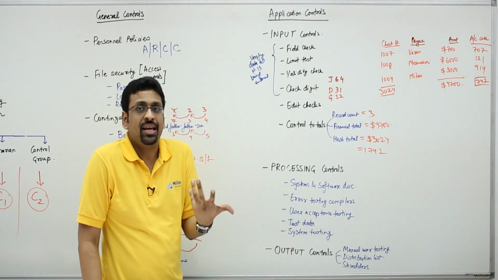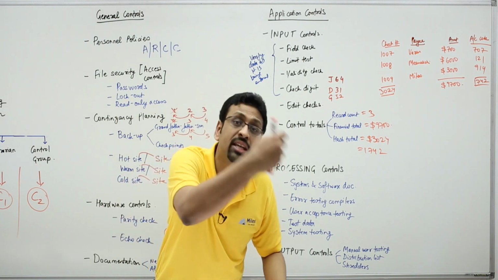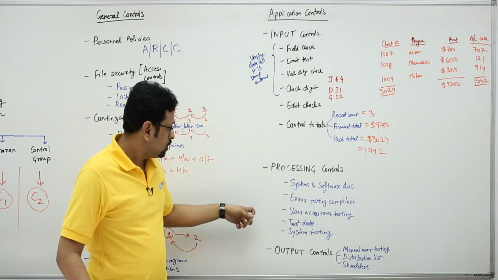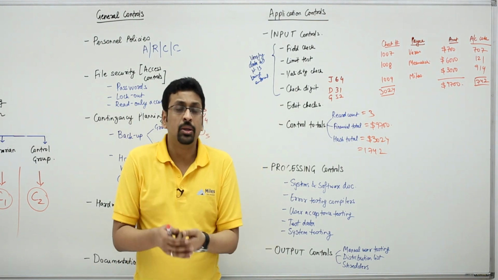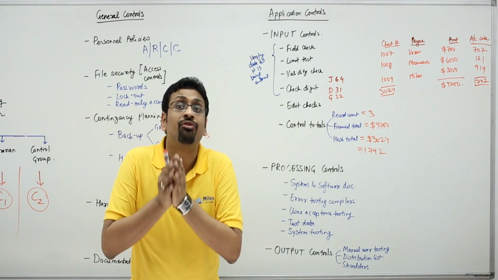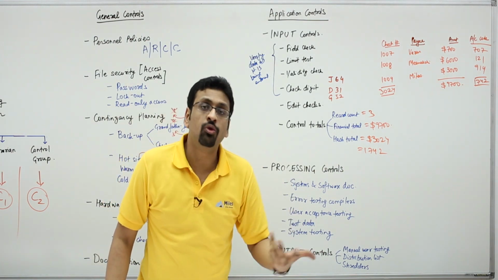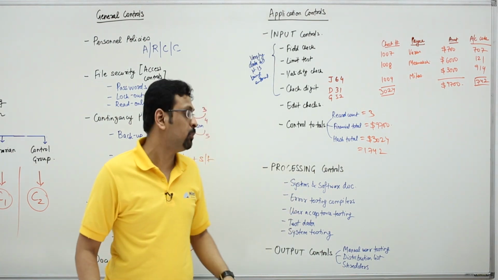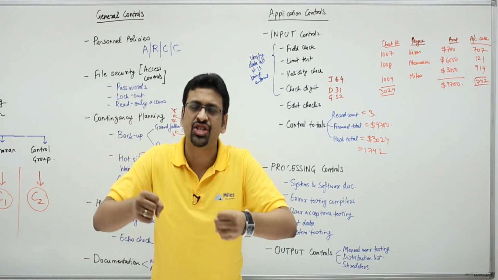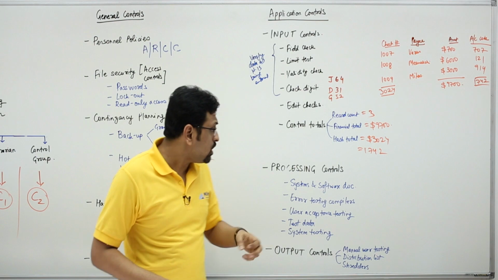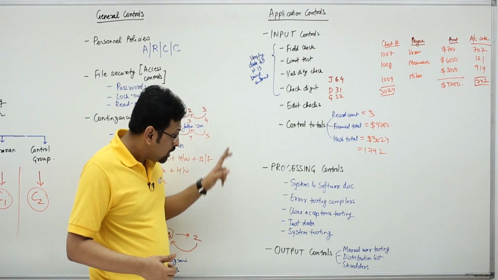User acceptance testing: you want to make sure that the application processing is meeting the user requirements. Test data: you want to expose the processing to one sample of each type of exception that you think you would be facing during the use of the program. System testing, where you're testing the integration of the system. So these are all processing controls that you could apply to specific programs.